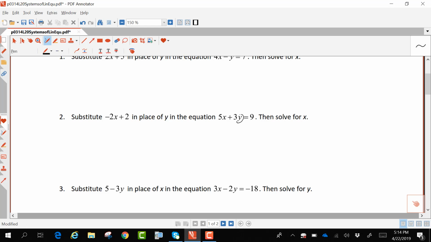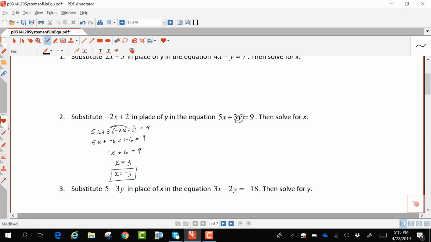Here is my y variable in the equation, so I'm going to take 5x plus 3 and substitute the negative 2x plus 2 in place of the y variable. Now I need to simplify this by distributing the 3, then adding the 2x variables, subtracting the 6, and then dividing by negative 1.